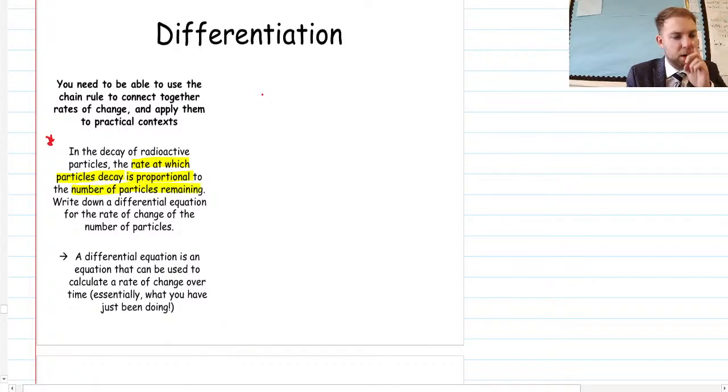Write down a differential equation for the rate of change in the number of particles. So this is what we're looking for. The rate of change of the number of particles.